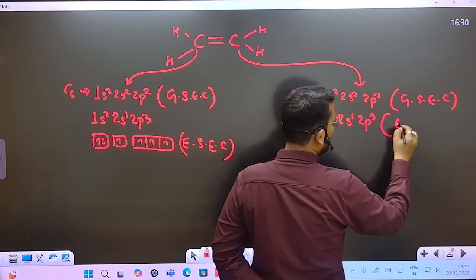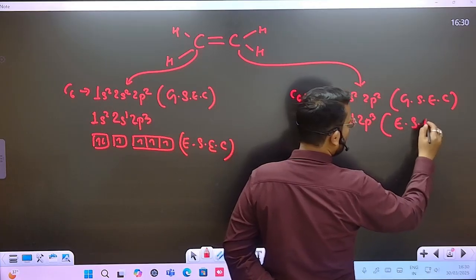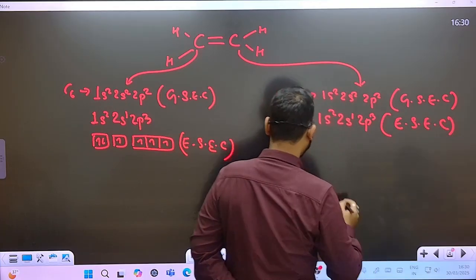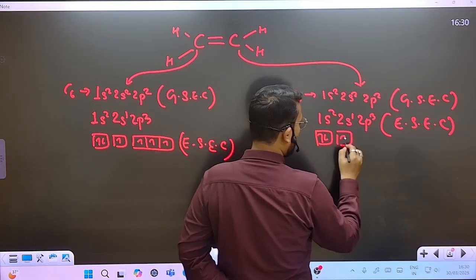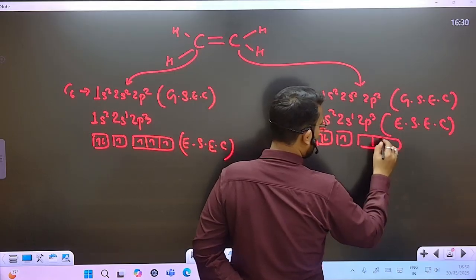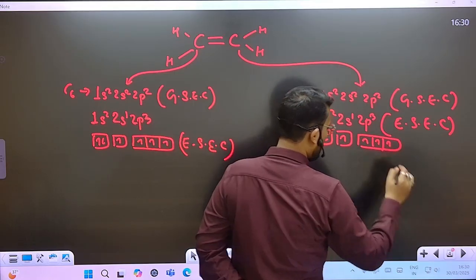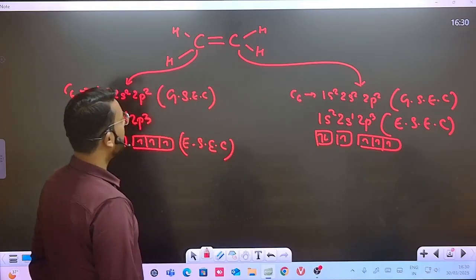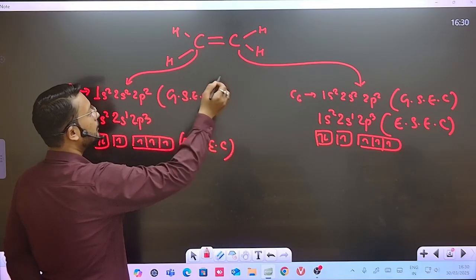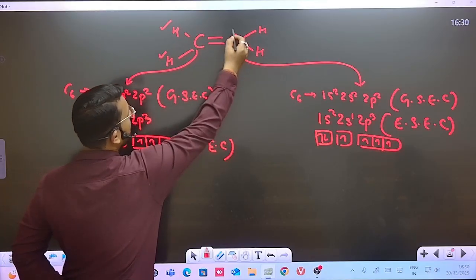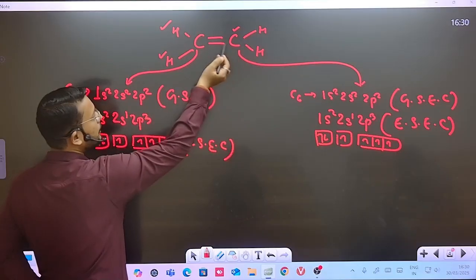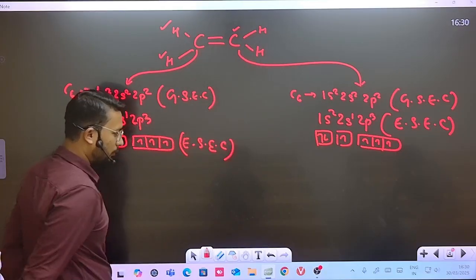This is the excited state electronic configuration. So now let us see that this carbon is doing bonding with this hydrogen and this carbon, and the same way this carbon is doing bonding with carbon and 2 hydrogens.